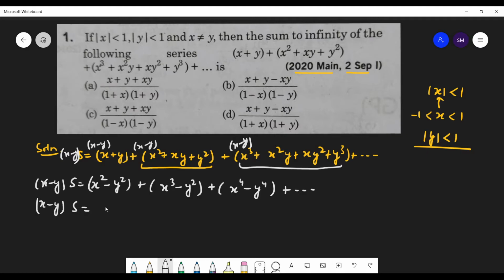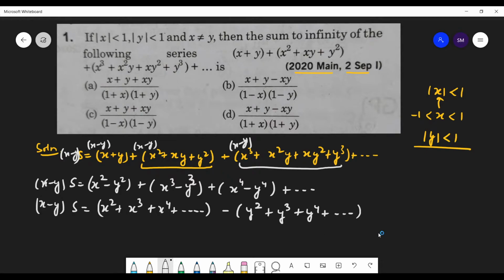So x square plus x cube plus x raised to the power 4 and so on, minus y square plus y cube plus y4 and so on.